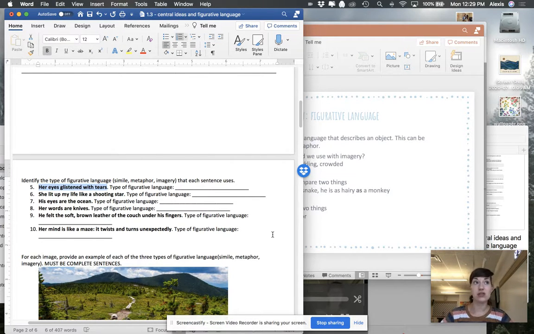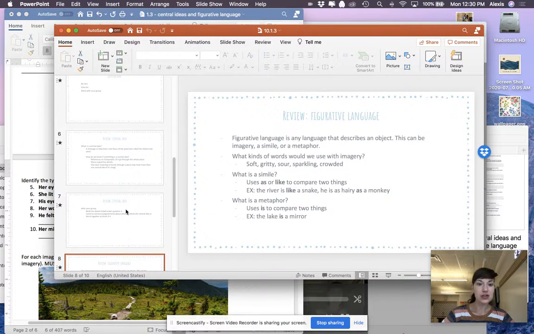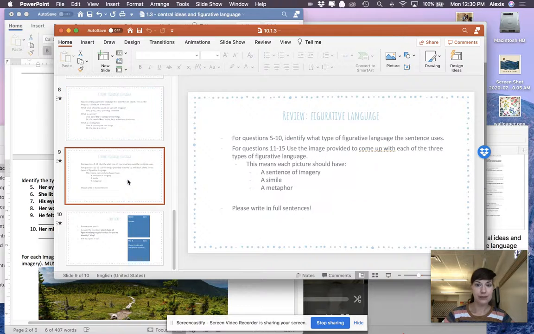Well, it's describing something, so let's double check everything else. I know a simile uses like or as. Does like or as exist there? No, but it might be a metaphor. So is it comparing two things? No, it's not. So it's just describing what's happening. I know that's imagery. So that's what I'm going to write in that piece. Okay. All right. So you can go ahead and do questions 5 through 10.